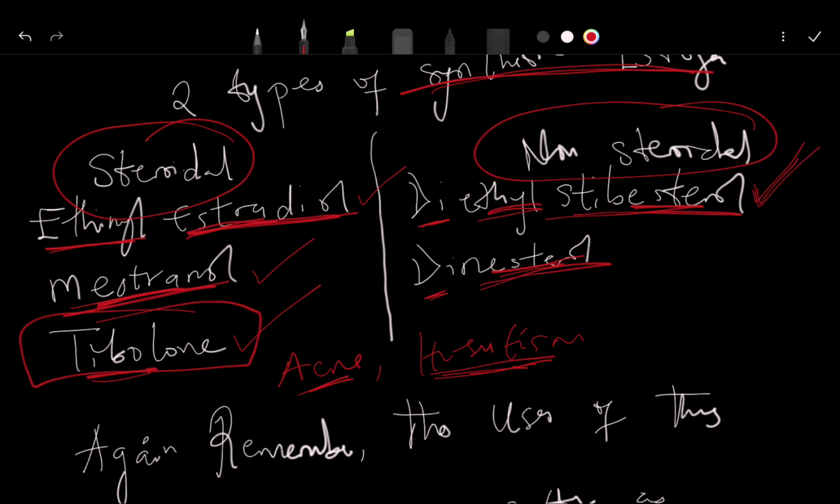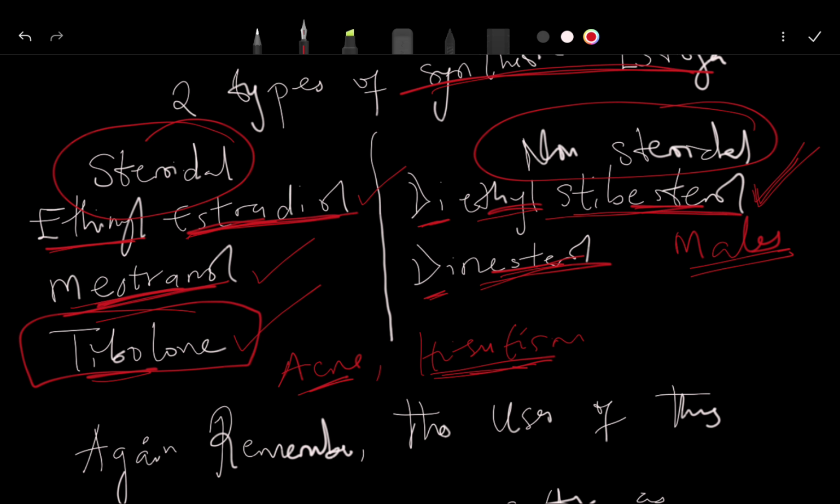However, it is still being used today in males with prostate cancer. You know, prostate cancer is testosterone dependent, and when you give diethylstilbestrol, it tends to reduce the levels of LH and FSH because it acts as a negative feedback.